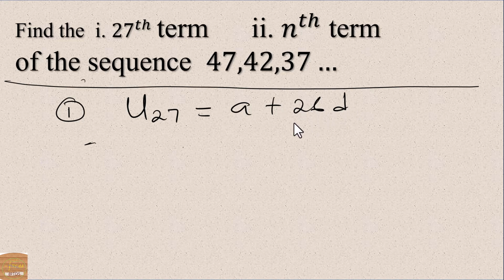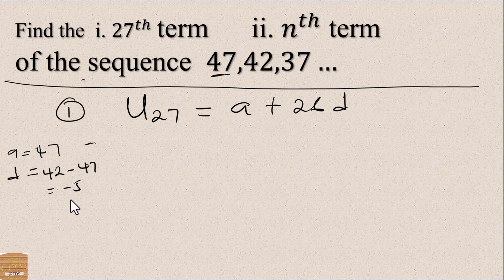The first term is 47, so a is 47, and d is 42 minus 47, that is second term minus first term. So this one will be minus 5, or 37 minus 42.